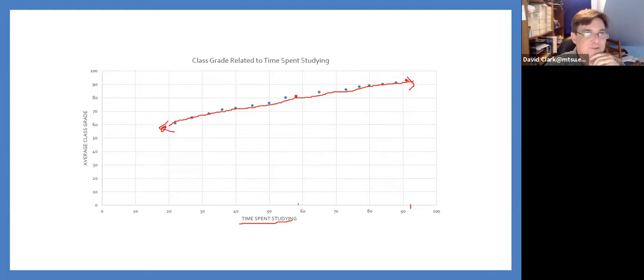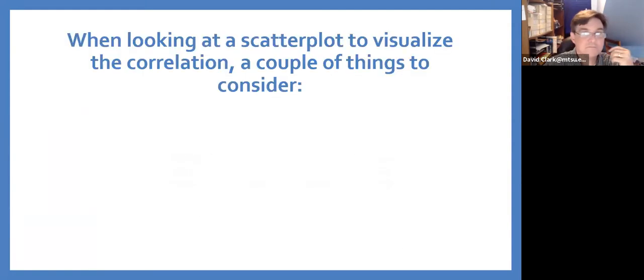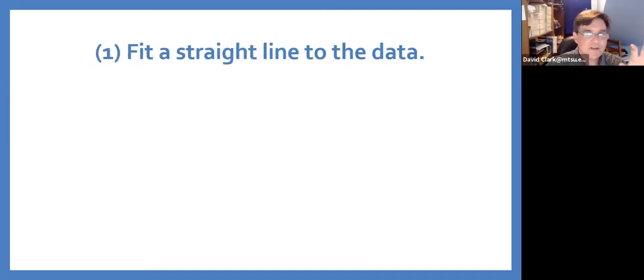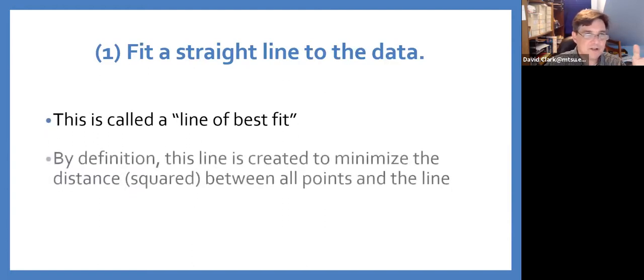You look at the direction of the line. You're not writing anything, just follow along here. You're fitting a line to that data and looking at the direction of the line. It's called the line of best fit.